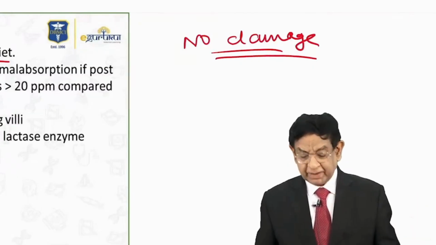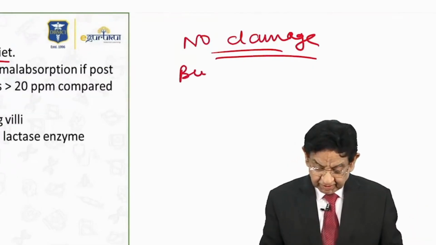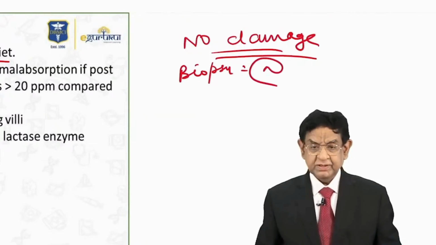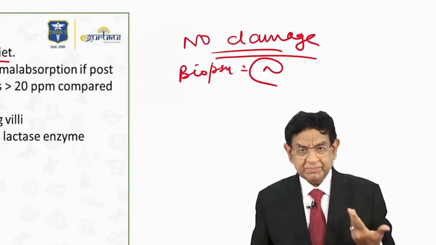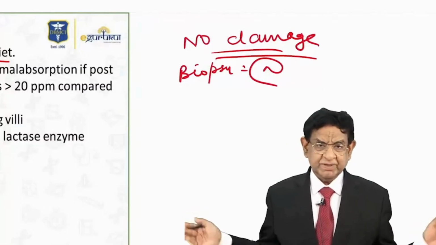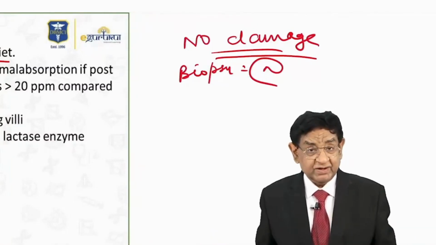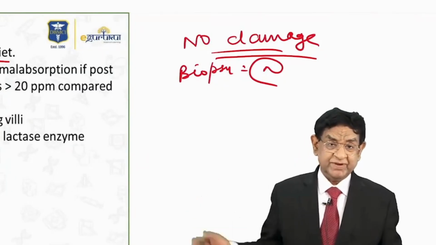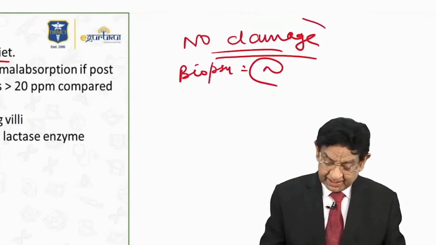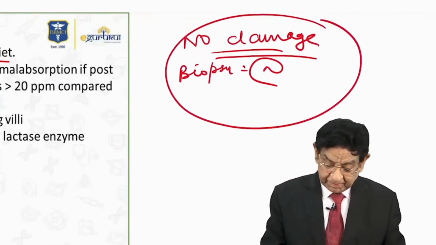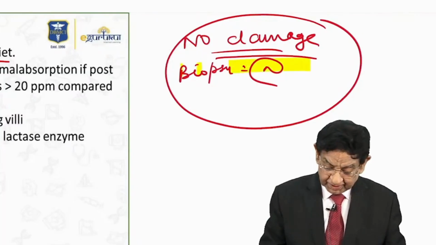That means if you take a biopsy, it is normal. And the enzyme is not there. The moment the patient doesn't take milk, the patient becomes all right immediately, within very few hours, he says I'm perfectly all right. So point to be noted, again gold medal line, biopsy is normal.